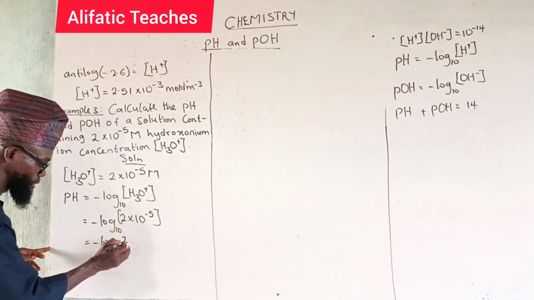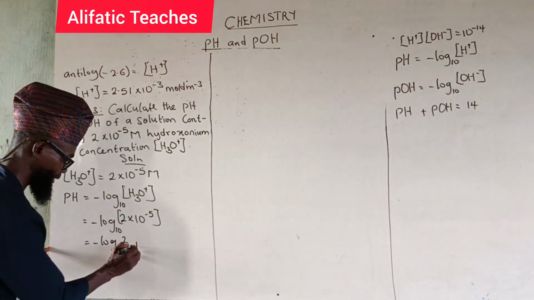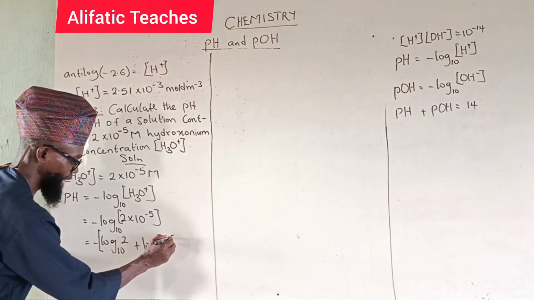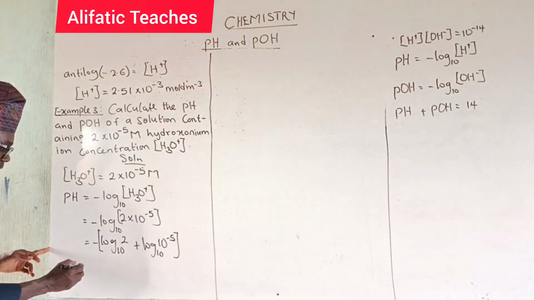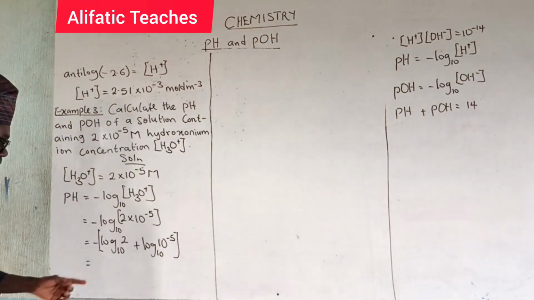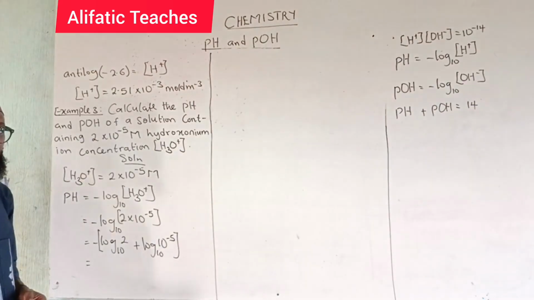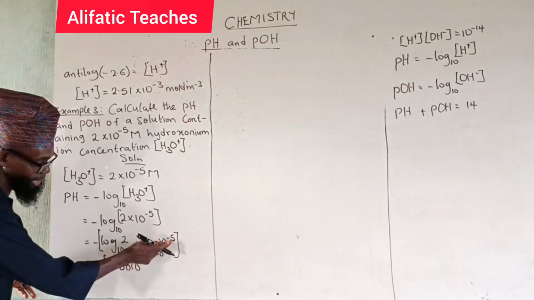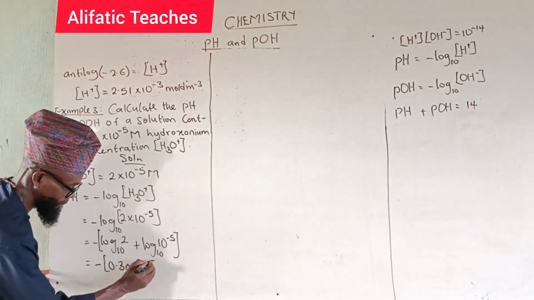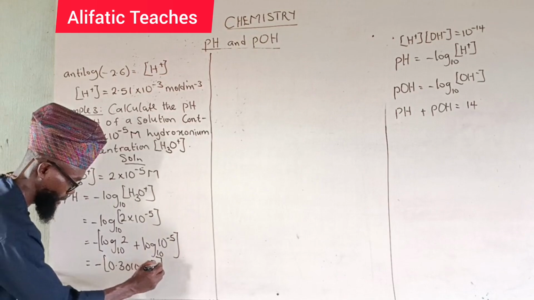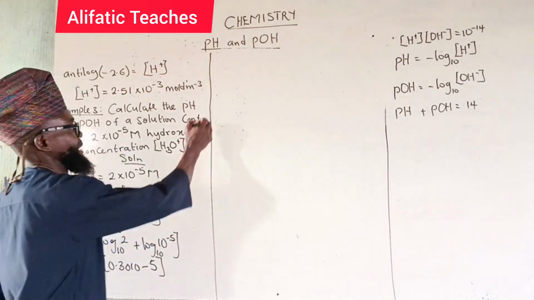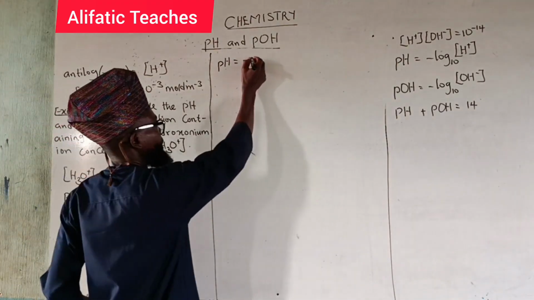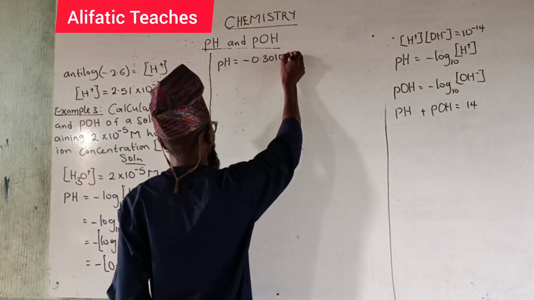We expand this: minus, open your brackets, log 2 to base 10 plus log 10 to the power minus 5 to base 10. Press the calculator, log 2, and we have 0.3010. Then minus 5 multiplied by log 10 to base 10, which is 1, gives minus 5. Now I can open the bracket: my pH will be minus 0.3010 plus 5.